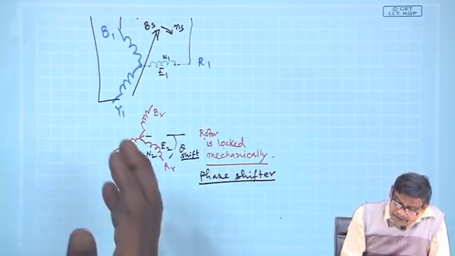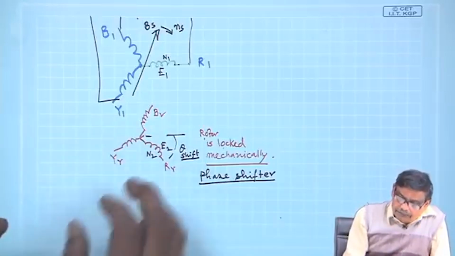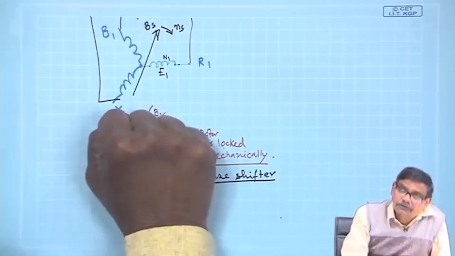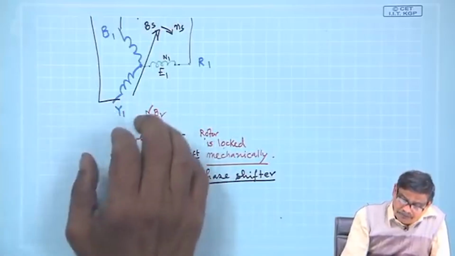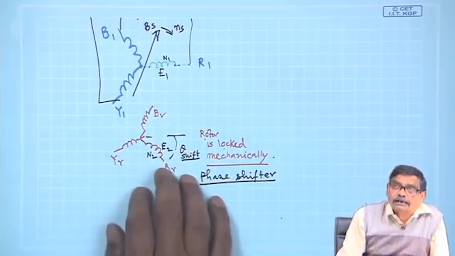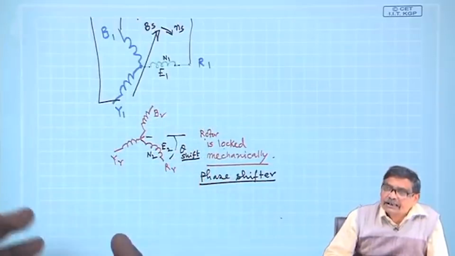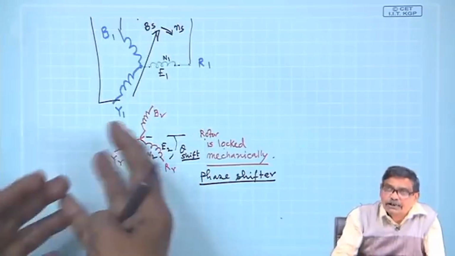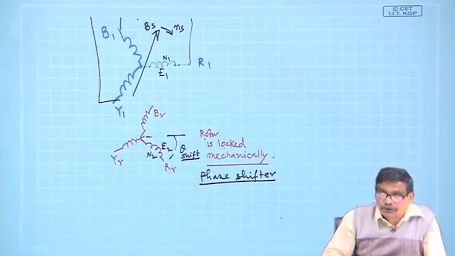But let that torque be developed, I will force the rotor not to rotate. That is the whole idea. There will be mechanical stresses by which you are locking this rotor, because of the torque produced.